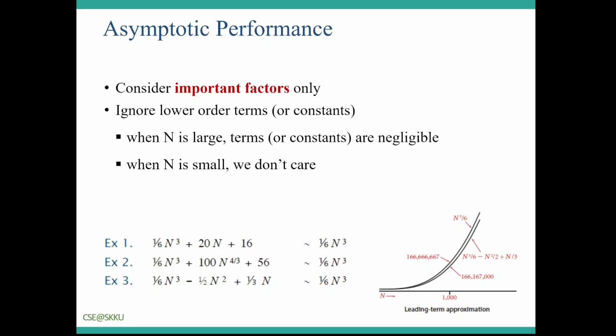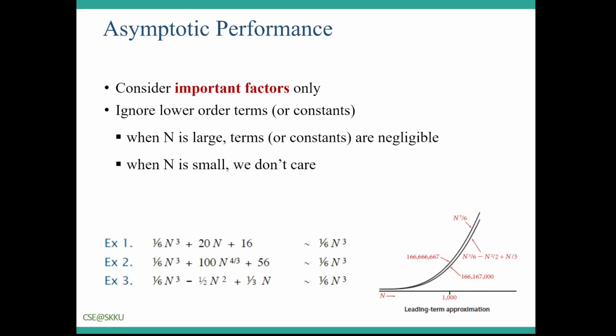So it means that we can find c1, c2, and n0 to provide upper bound and lower bound. We can find some constant c2 which is always greater than or equal to this expression.